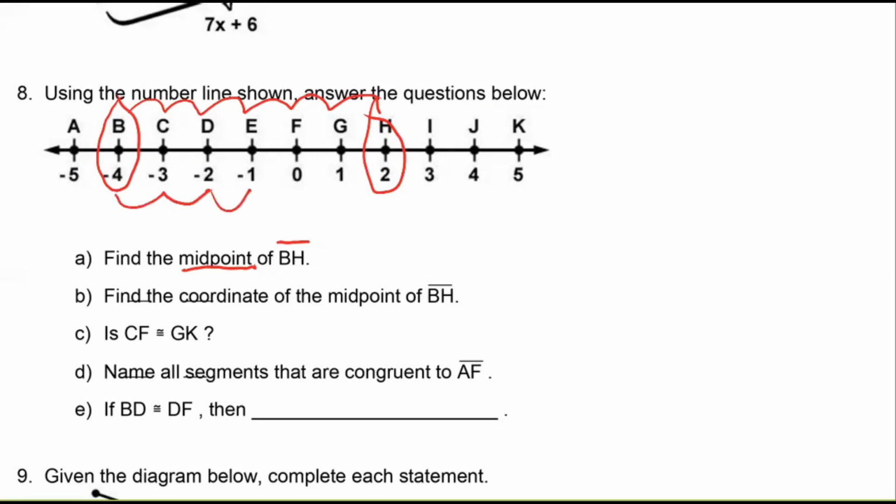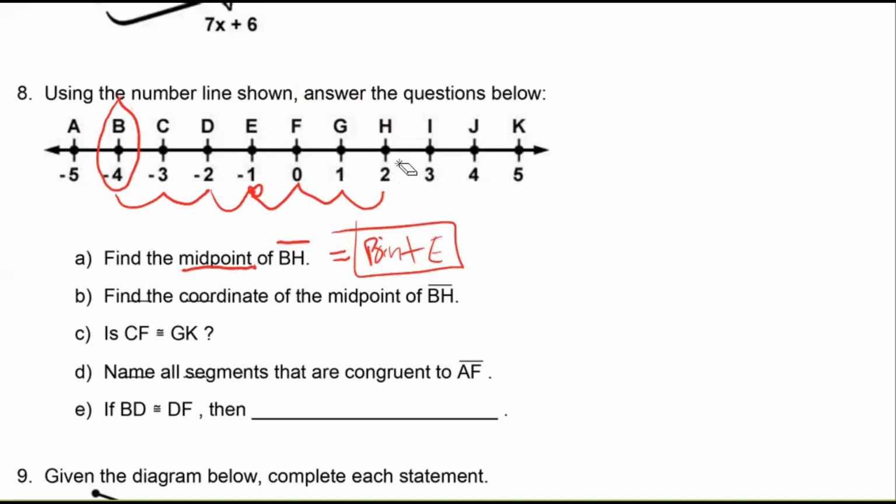And then from here, 1, 2, 3. So ding, ding, ding! Winner, winner, chicken dinner. My midpoint is point E. That is how you do it. So hopefully you guys are unconfused now.